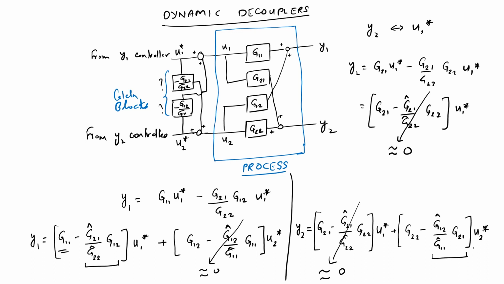So with the decoupler put in place, the y1 controller sees different dynamics for y1, and the y2 controller sees different dynamics for y2 with respect to u2 star. So the u1 star y1 dynamics and u2 star y2 dynamics are different from u1 y1 and u2 y2.